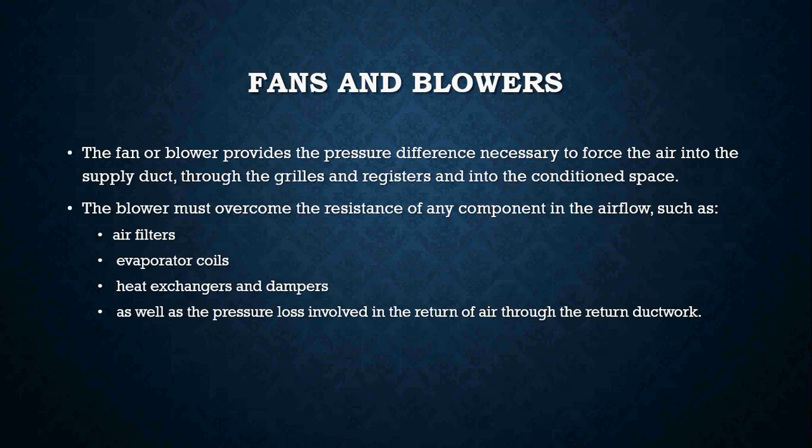That could be our air filters, which create resistance, especially if they get plugged up. Your evaporator coils create a lot of resistance, more so if they're dirty. Then there are your heat exchangers, your dampers, as well as the pressure lost in the return of air through the return air duct.